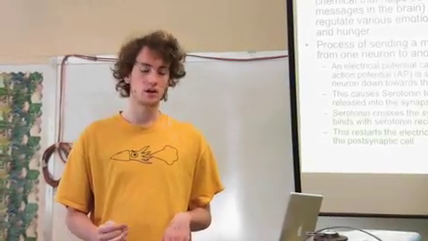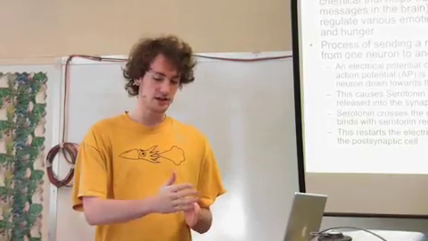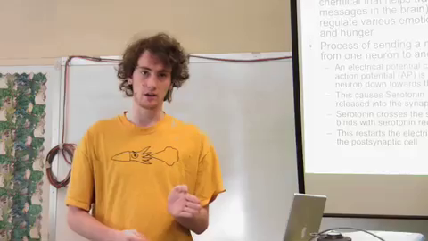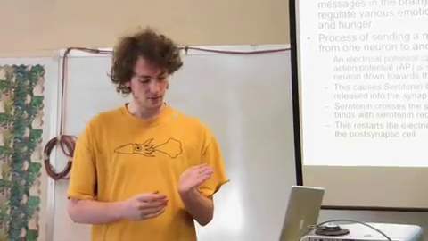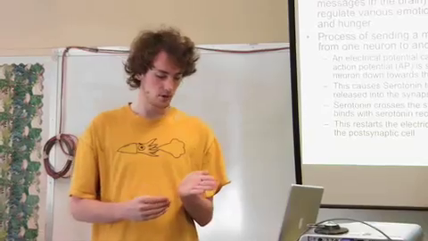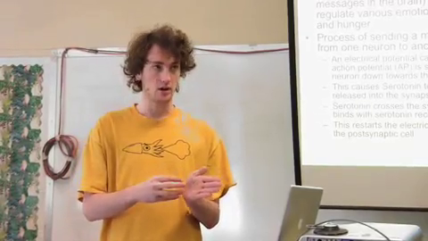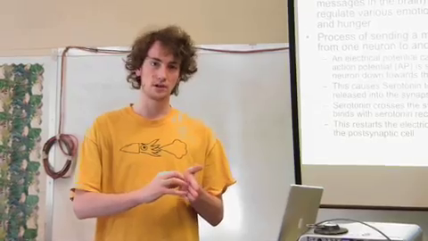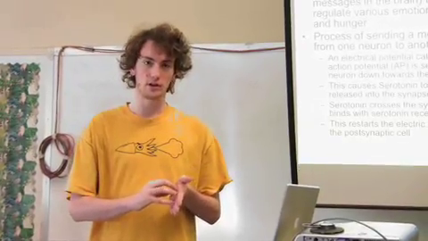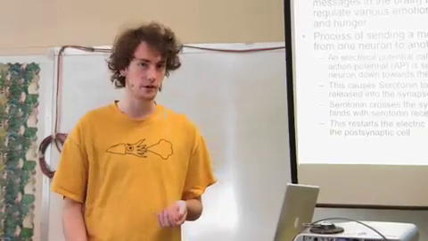The serotonin then moves across the synapse to the postsynaptic cell, where it binds with serotonin receptors, which then, once enough serotonin is bound to them, restarts the electrical signal and the message is transferred.